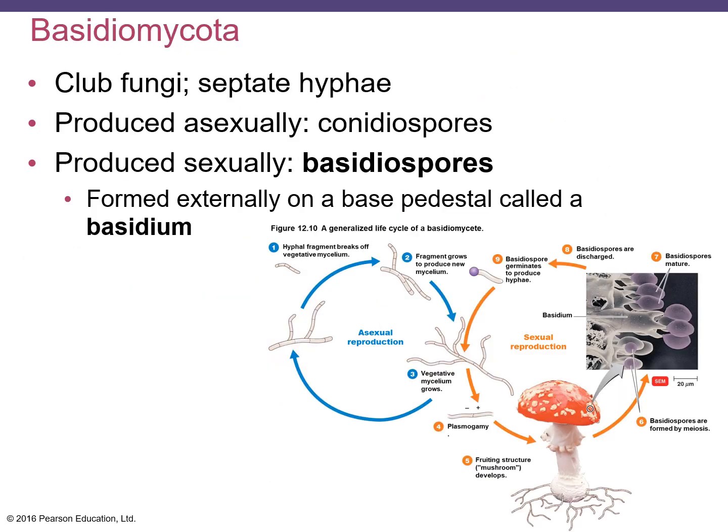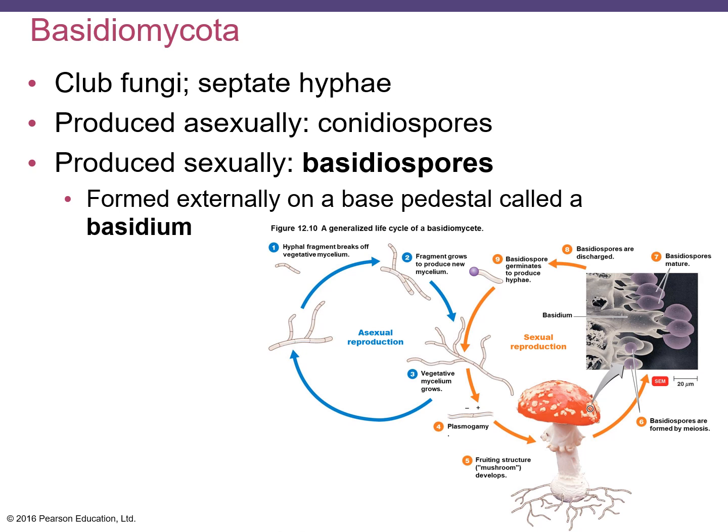Okay, Basidiomycota, in other words called club fungi, also possesses septate hyphae. This phylum includes fungi that produce mushrooms. Basidiospores are formed externally on a base pedestal called a basidium.